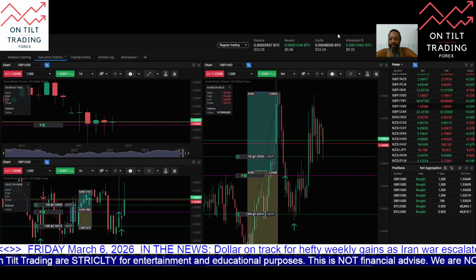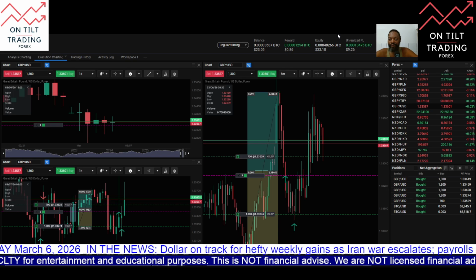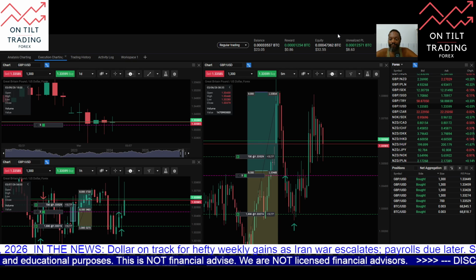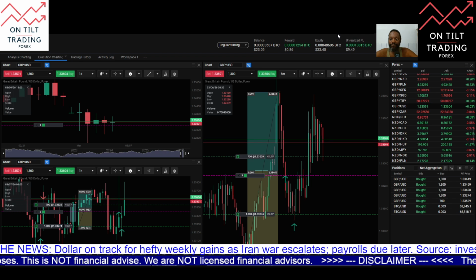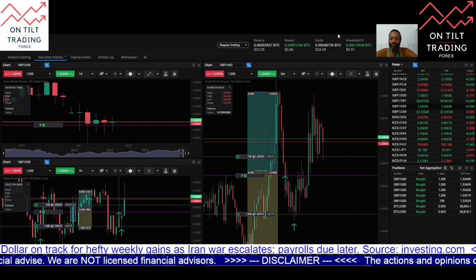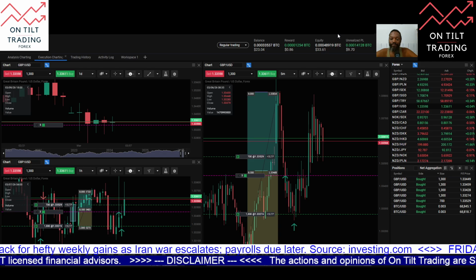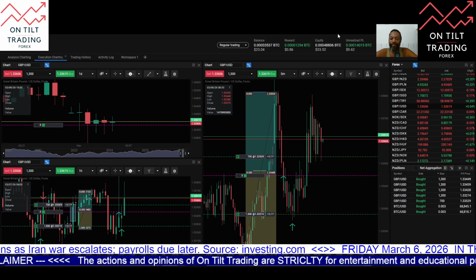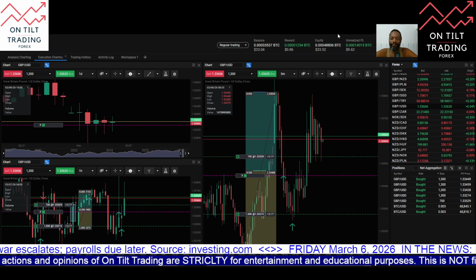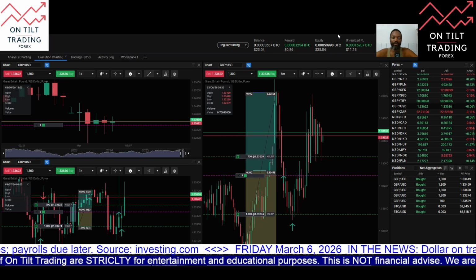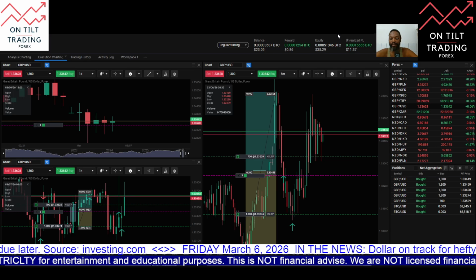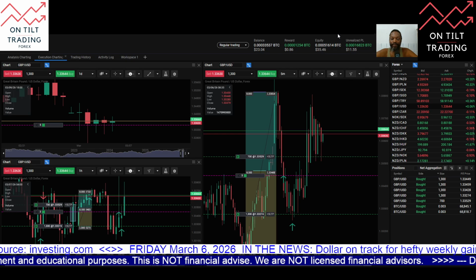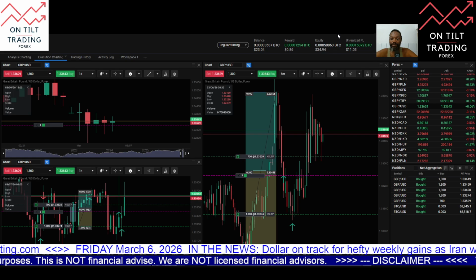We can see price now 133,590. New 5-minute candle, 133,600. Now we'll see if price wants to seek out this buy side liquidity. Seeing some buy side delivery with speed here, 133,630.